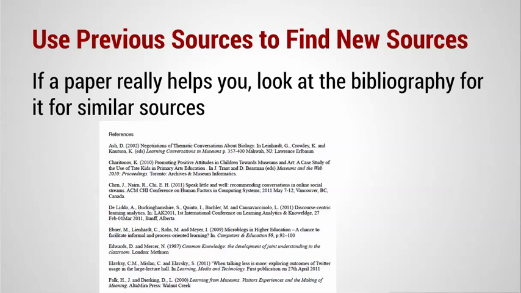I'm going to go through that and read the titles and see if any of these might be helpful to me as well, because they're obviously similar in nature to the source that helped me. The source that helped me looked at these, so I should look at them too. This is a neat little trick for finding sources when you've got a few helpful sources already. Keep going down that path. See what was helpful to those people.